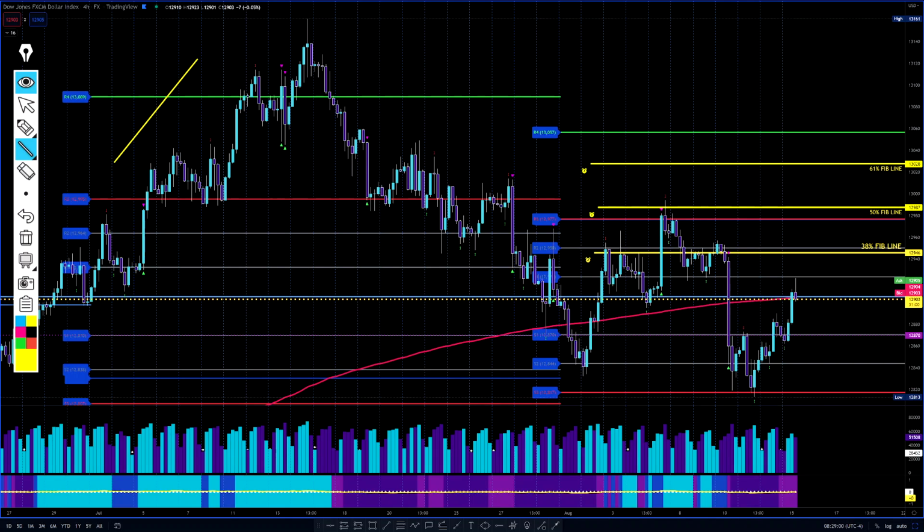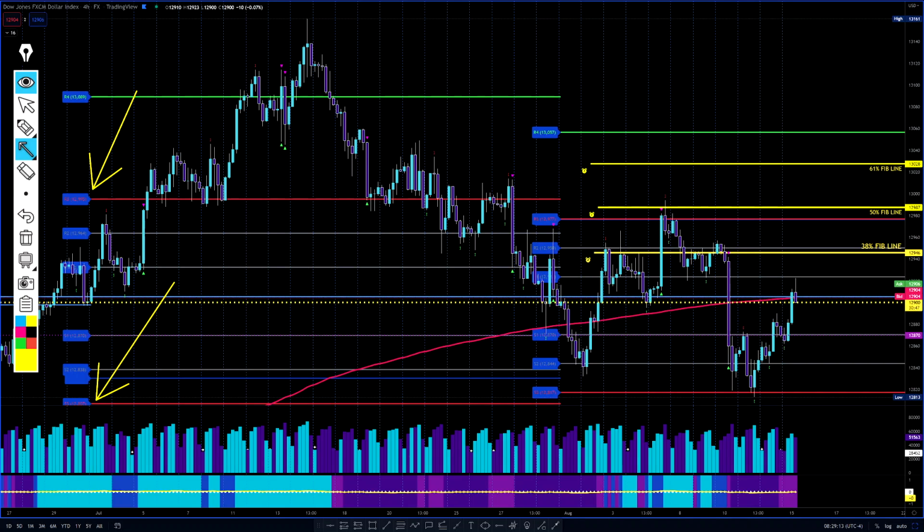So the previous R3 was 12,995, and S3 was 12,807, right? So this month's Camarilla level, the R3 is at 12,977 and S3 is at 12,817. So we actually have like an inside value day on this Camarilla relationship on the monthly setup.